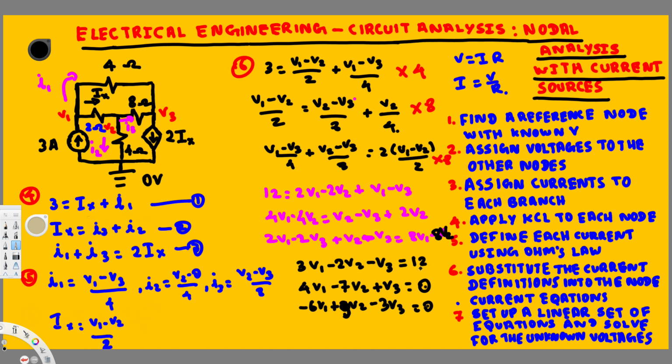Now the best method to solve this one is using Cramer's rule, right? So with Cramer's rule, what we do is we take this in matrix form. Like if you notice, the first one is 3, minus 2, minus 1, and on the other side we have 12, and here we have 4, minus... I use a different color, that way it will be more clear.